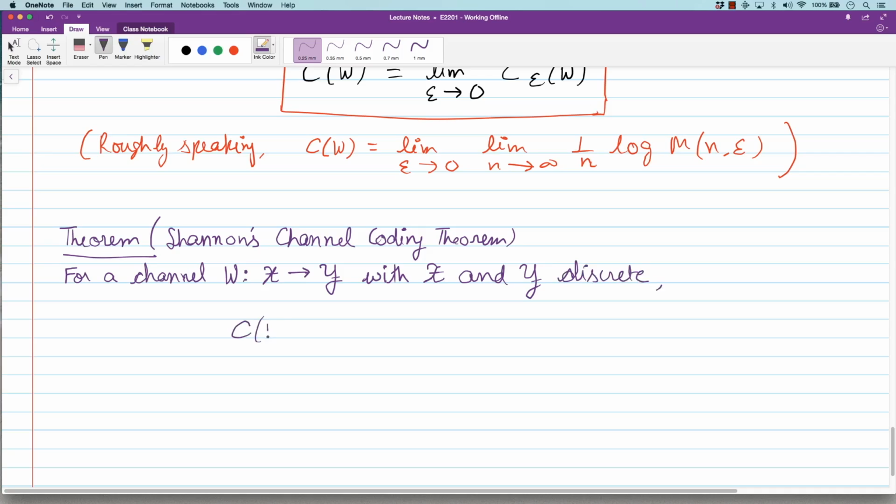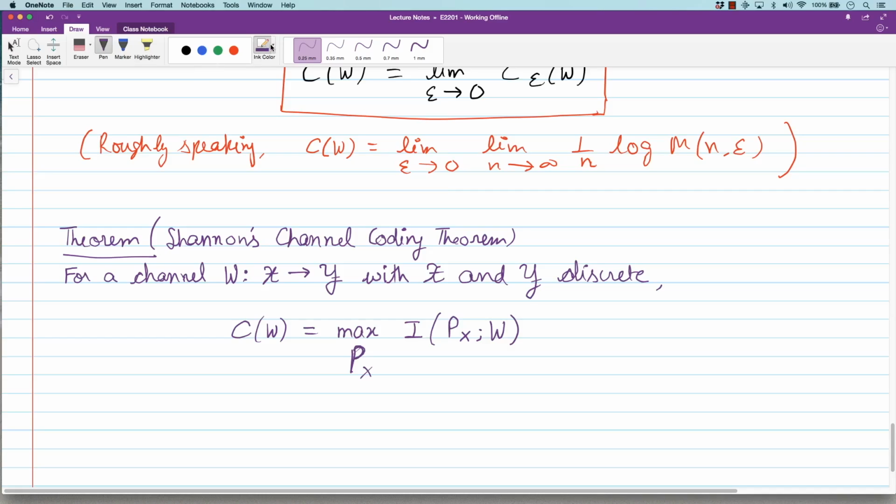The channel capacity CW, which is defined this way, is given by, this is a formula, this is an answer we are giving. Sometimes this formula is treated as a definition of channel capacity. This is an answer, it's not the operational question. The operational question is above here. So this is given by max over all input distributions P of the mutual information I(P, W).